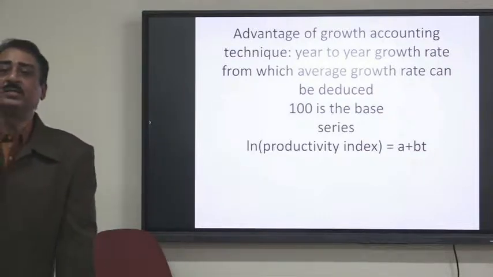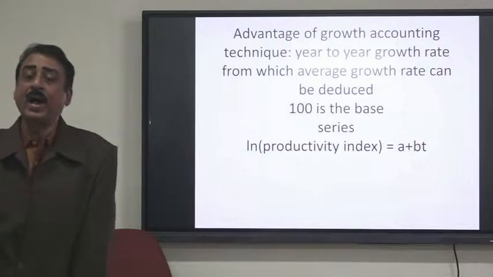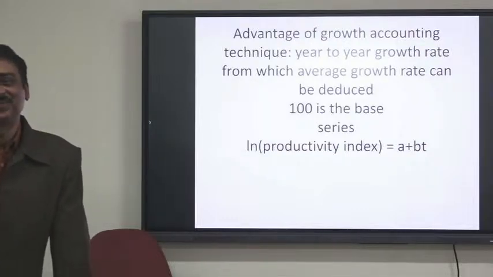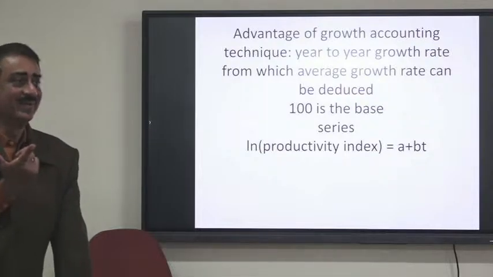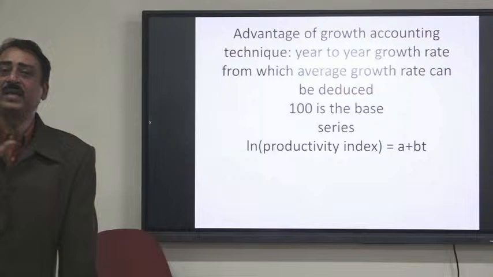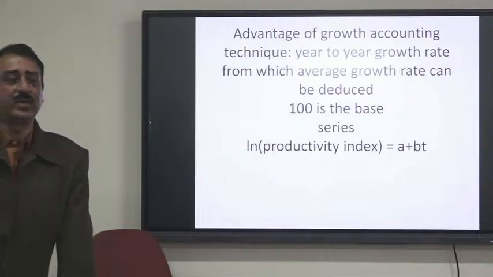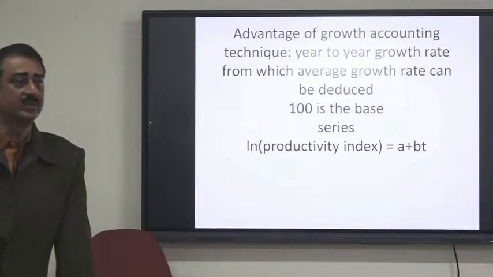So, if someone is asking you, I want the figures for each year, then you will not be able to work it out through pure econometric method. You will just present one figure that during this period, 80 to 2024, the total factor productivity growth rate has been, let's say, 1.1 or something.